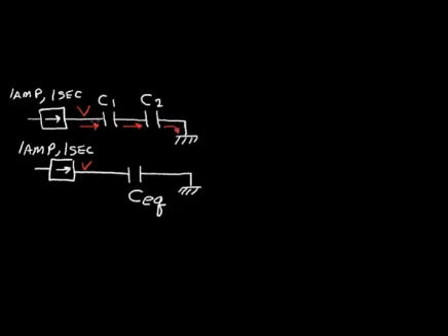So the same current flows in C1 and C2. So the same charge accumulates on C1 and C2, which I'll call Q, and Q on C2.